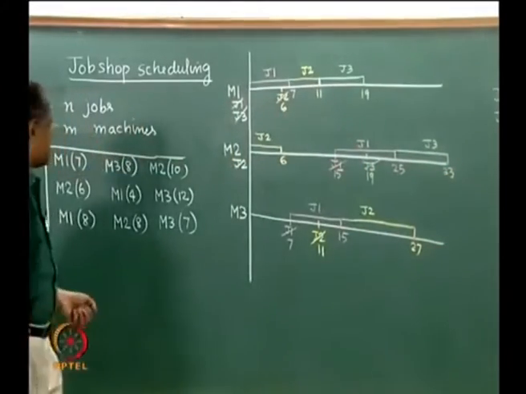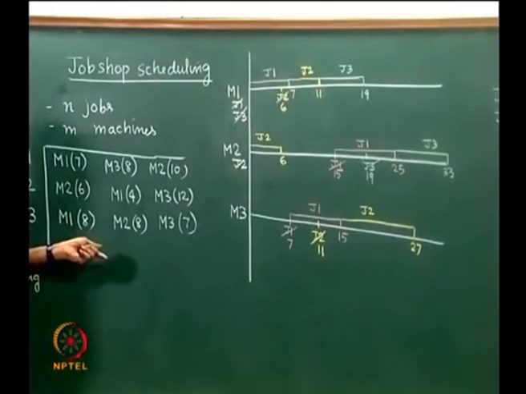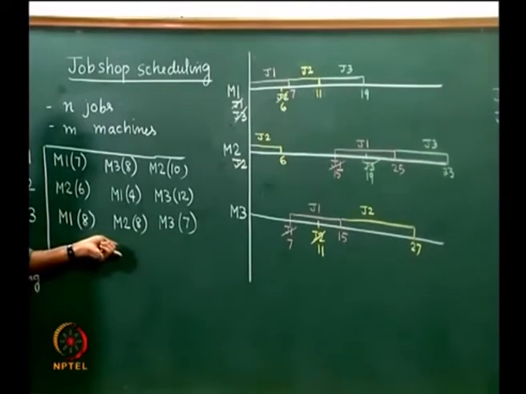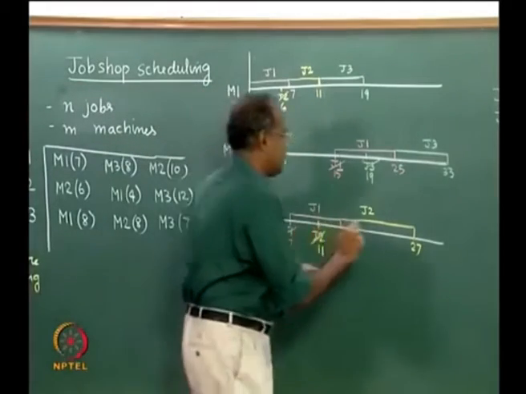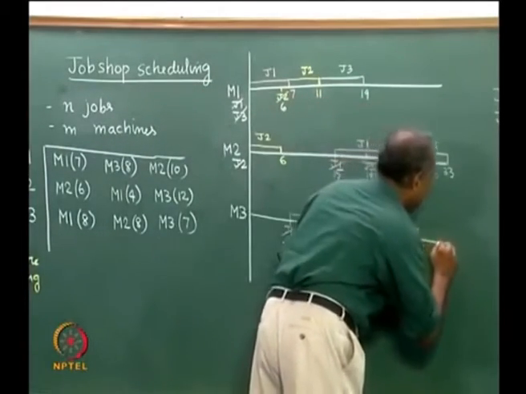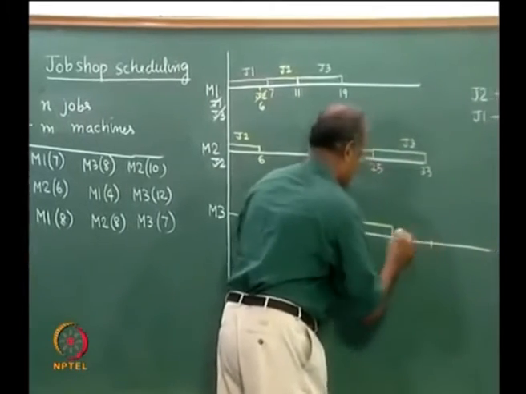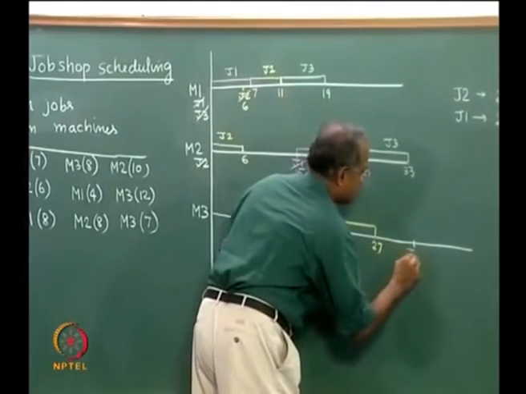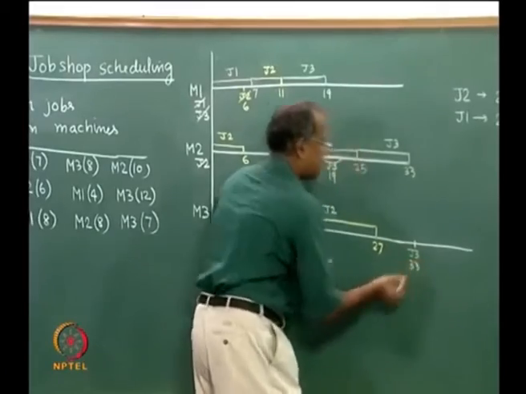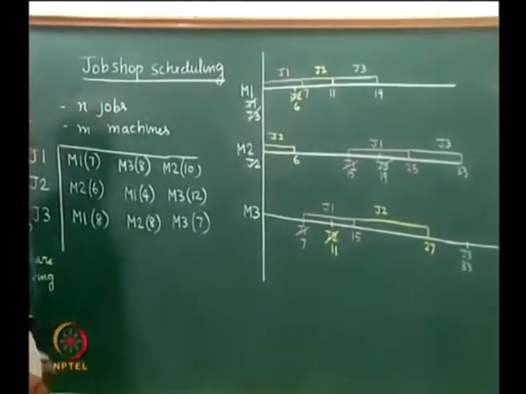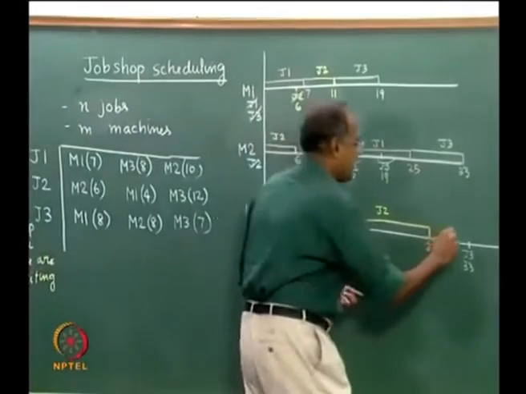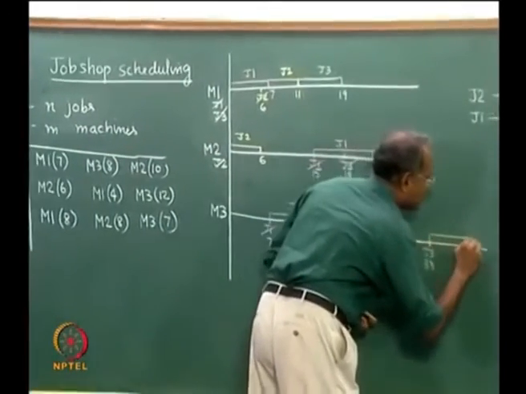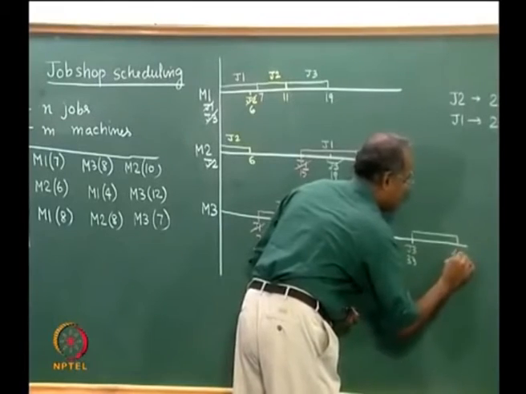So, J3 finishes at 33 here, and then at 33 J3 comes to M3. At 33 J3 is the only one available here, takes another 7 units of time. So, starts at 33 and finishes at 40.